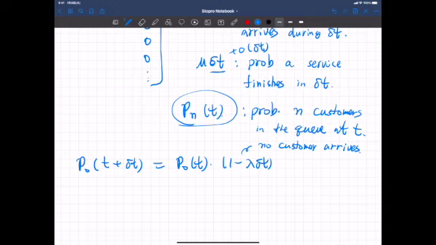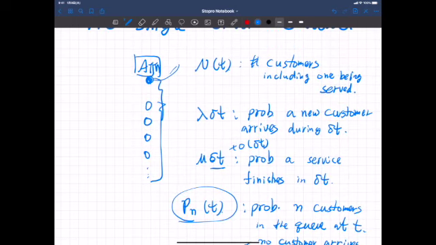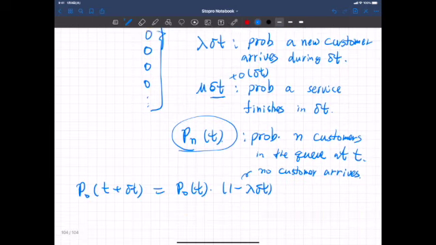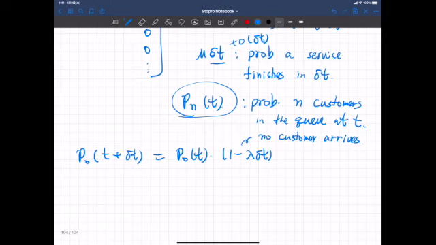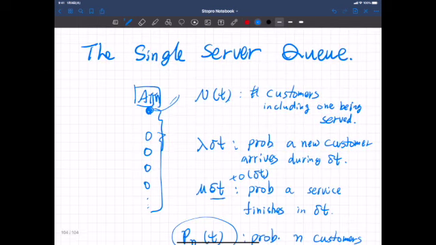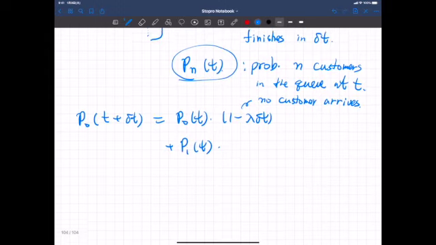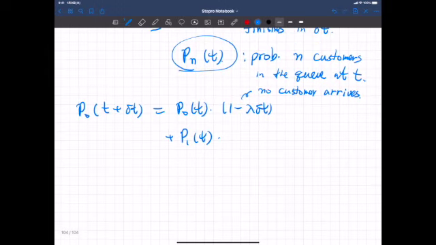So this is one scenario. Since there is no customer being served, because the number of customers is 0, no customer will leave during that time. Or there was one customer a while ago. If there is only one customer, then that customer must be the one being served, so he must leave during delta t.